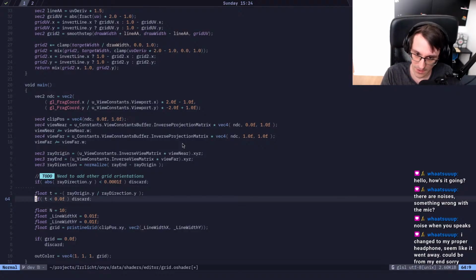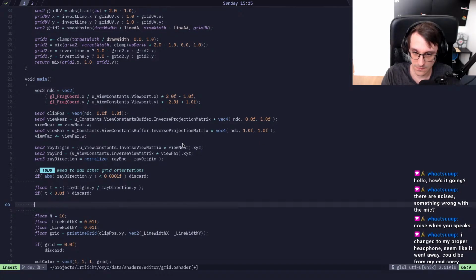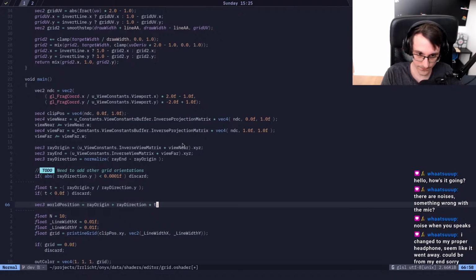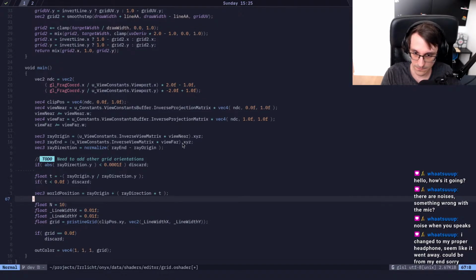It's not really ray casting, right? It's more like a plane versus ray check. And then we have our world position, which is our ray origin plus ray direction times t. And that's the hit position basically.